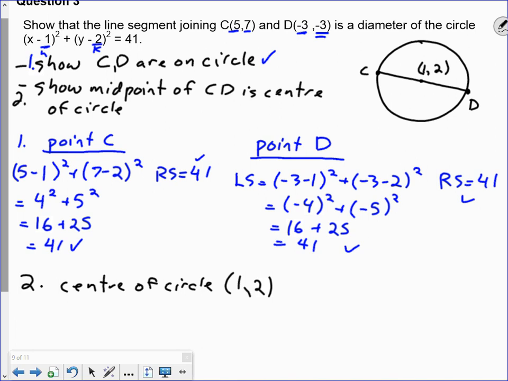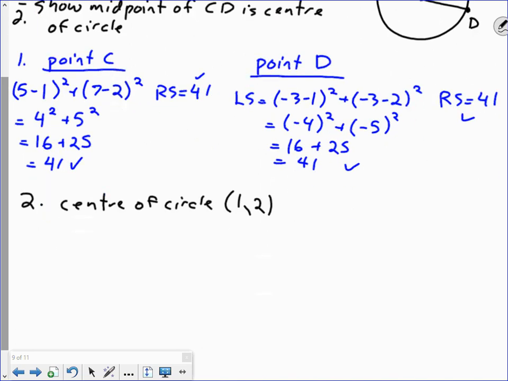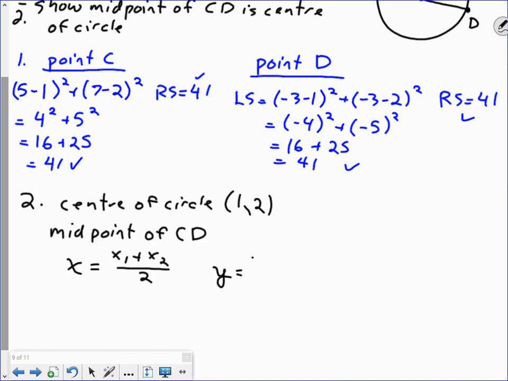All right, let's find the midpoint of this line CD. For our x, we are going to add our two x's together and then divide by 2. And for our y, we add our two y values together and then divide by 2.